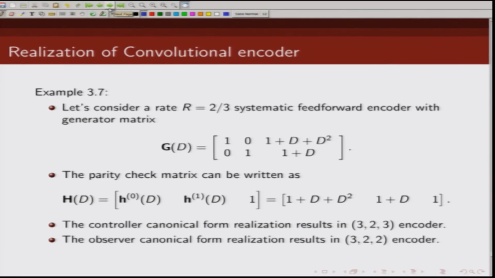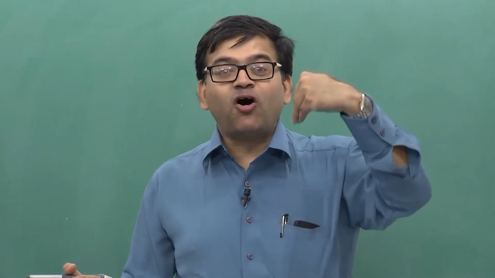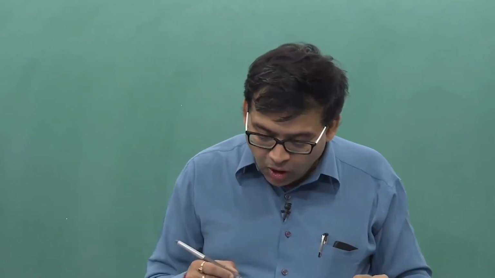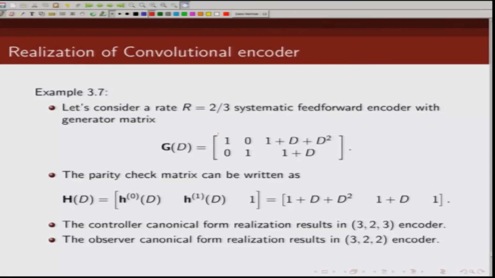Now, what about observer canonical form realization? In observer canonical form realization, we use one set of shift register for each of the n coded bits. So, how many coded bits do we have? We have 3. One is this, one is this, and one is this. Now, how many memory elements do you require to represent this? 0. This is directly the input coming in here.